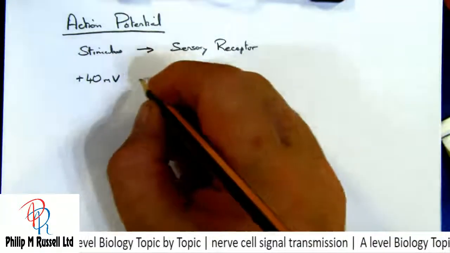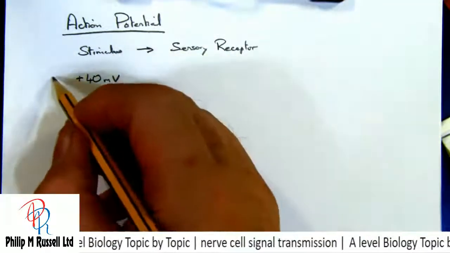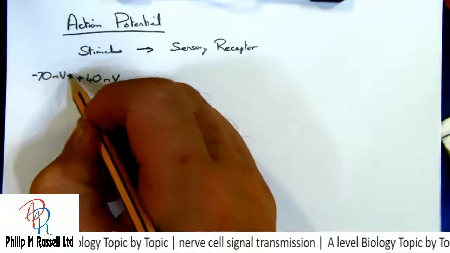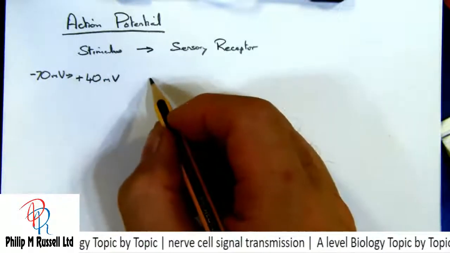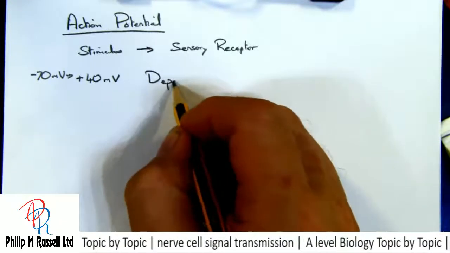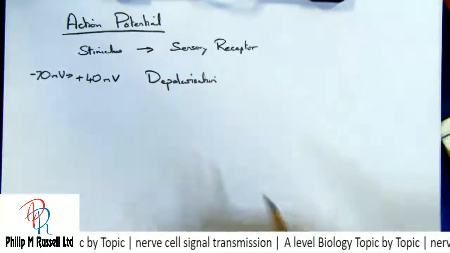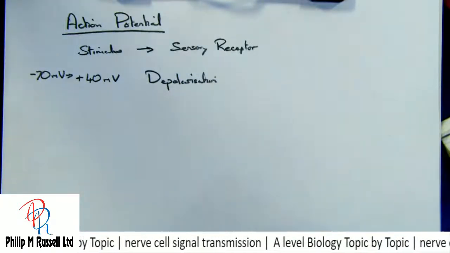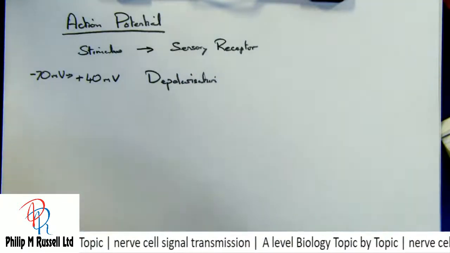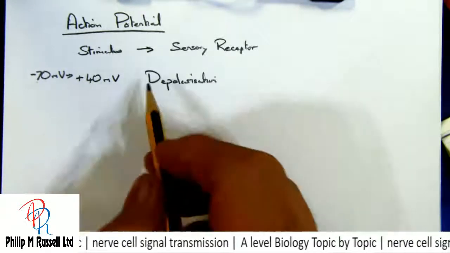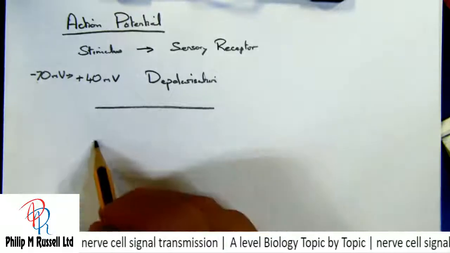This change from minus 70 millivolts to plus 40 we call depolarization, a sudden change in the potential difference from negative to positive.